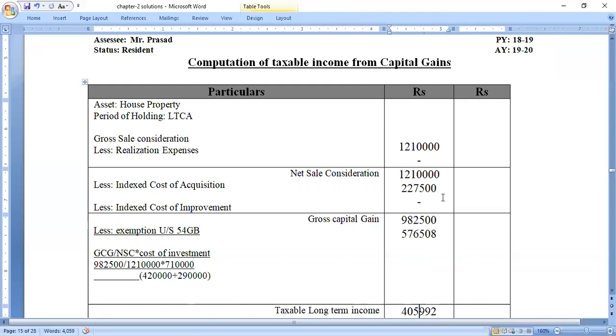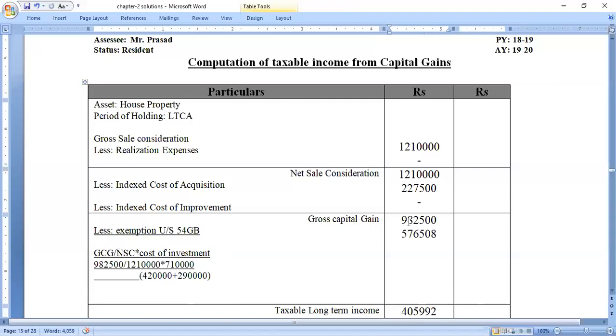Since I have told the conditions, if the cost of investment is more than net sale consideration, then the entire gross capital gain can be claimed as exemption. If not, if the cost of new investment is less than net sale consideration, then we need to apply the formula, that is gross capital gain divided by net sale consideration into cost of investment.